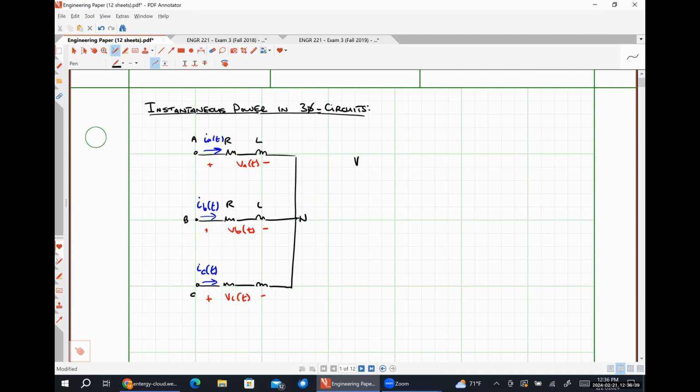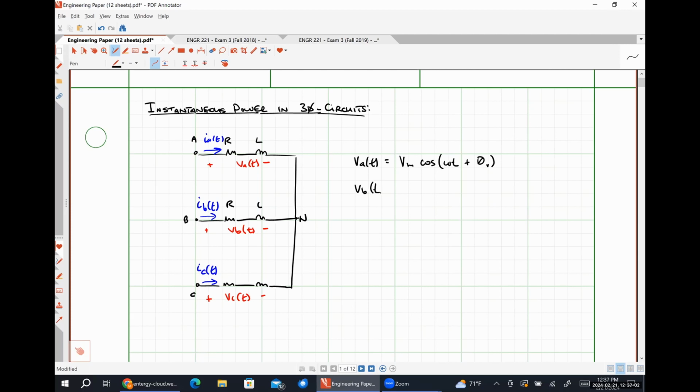So VA of t will be of the form Vm cosine omega t plus some arbitrary phase angle theta v.